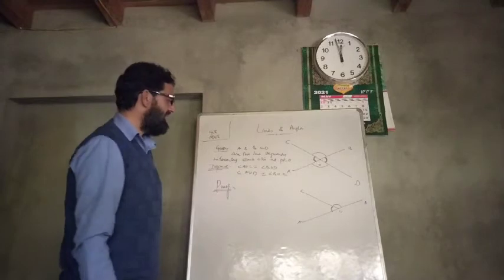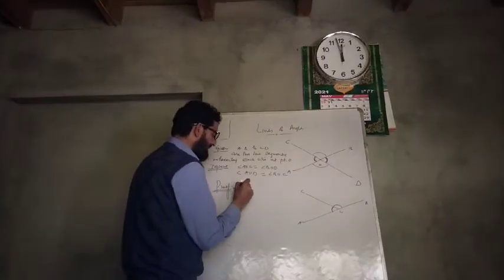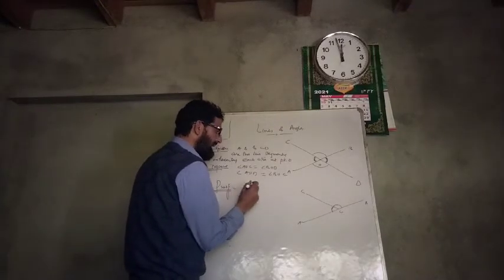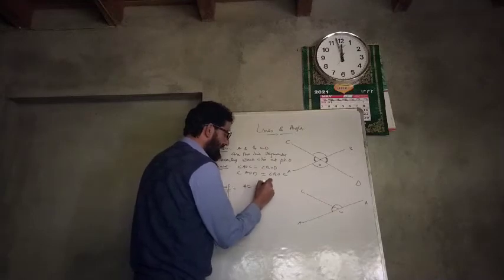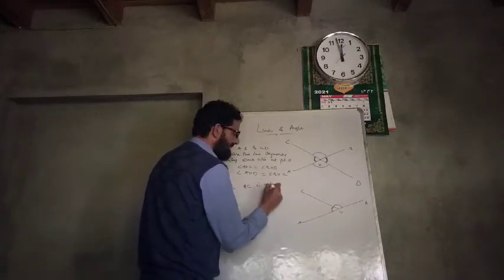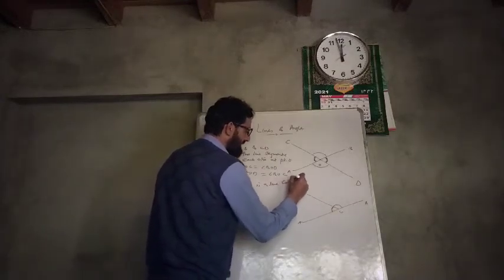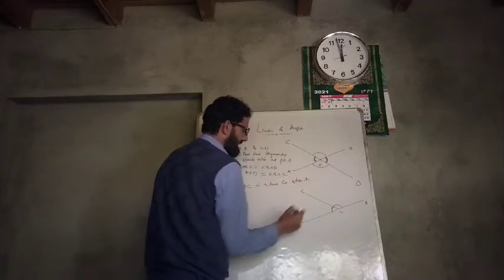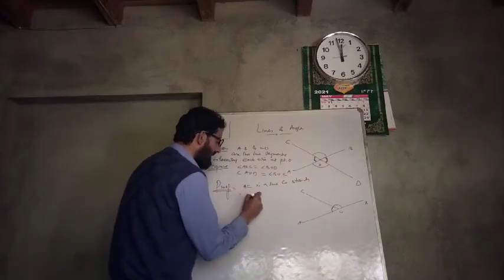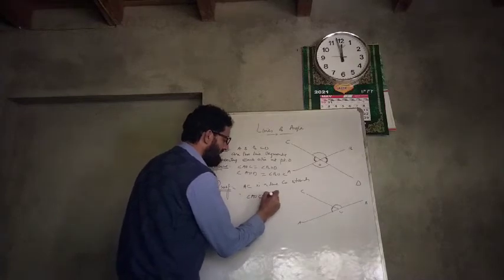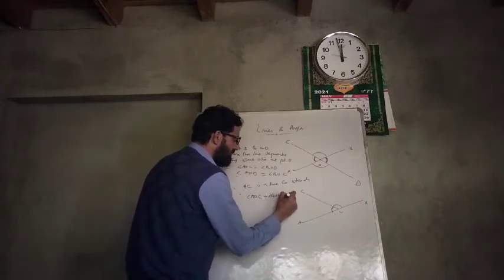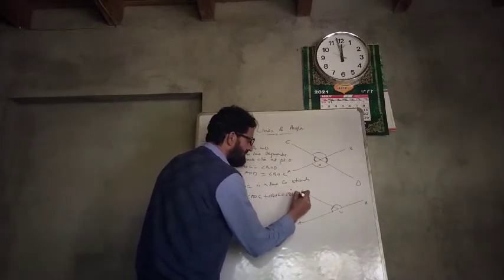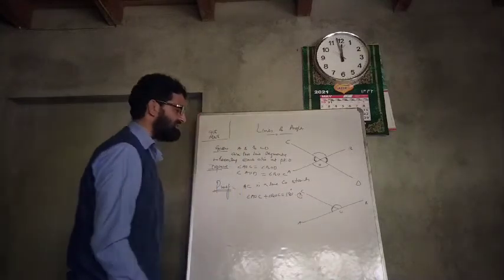This is called a linear pair of angles. We can write: proof, AB is a line segment and CO stands on it. Therefore, angle AOC plus angle BOC is equal to 180. Name this equation first. This is our equation one.